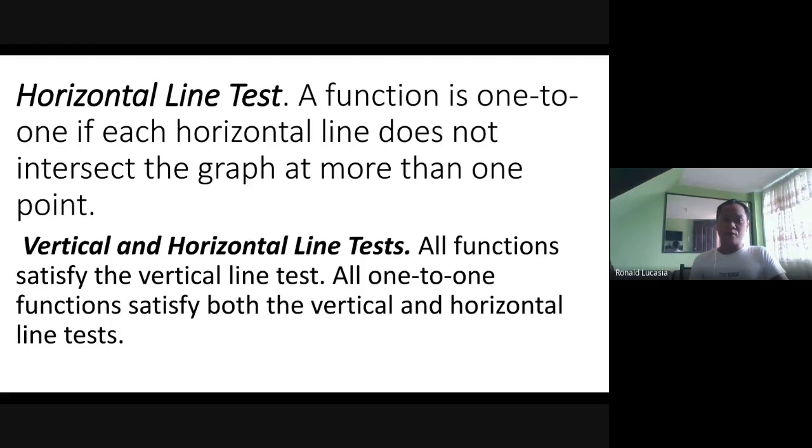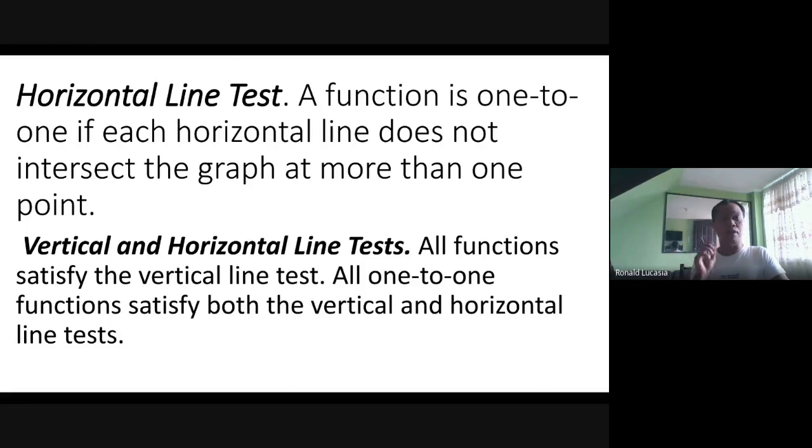A function is one-to-one if each horizontal line does not intersect the graph at more than one point. If the given graph passes the vertical line test, meaning to say that graph is a function. If the given graph passes the vertical line test and at the same time the horizontal line test, that function is said to be a one-to-one function.